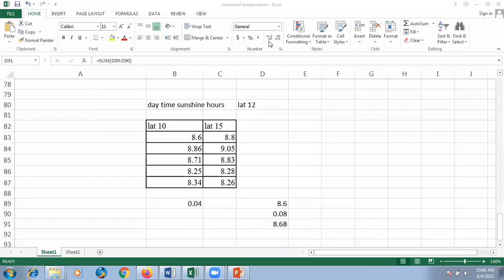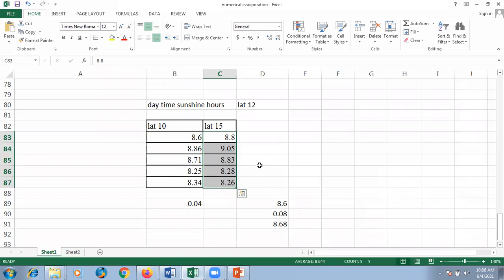So that is what we have done here. See in the chat box, somebody is raising an objection, so I will try to show it here. For latitude 10, you have these values. For latitude 15, you have these values for daytime sunshine hours.